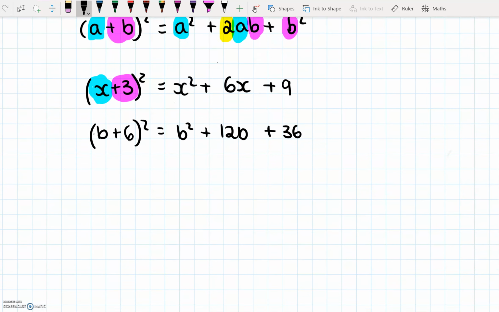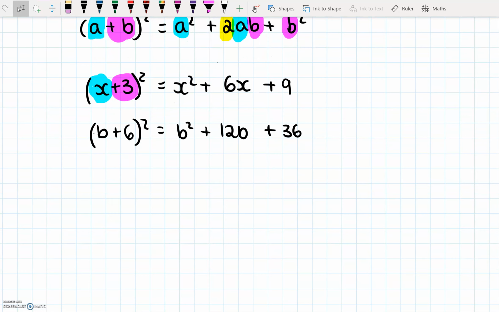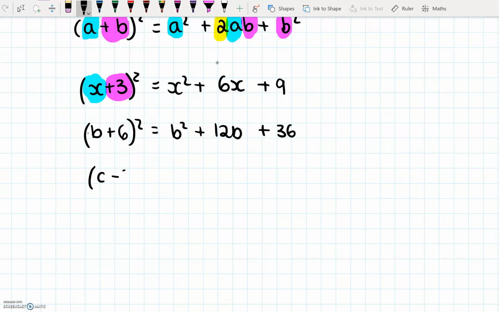Okay, if we make one of the terms negative, so for example, let's make it c minus 5 squared. Okay, our first term squared is going to be c squared. Nice and easy.